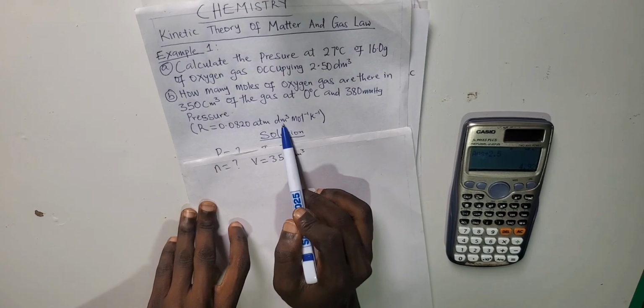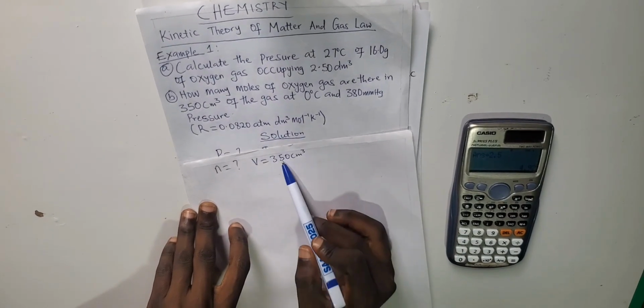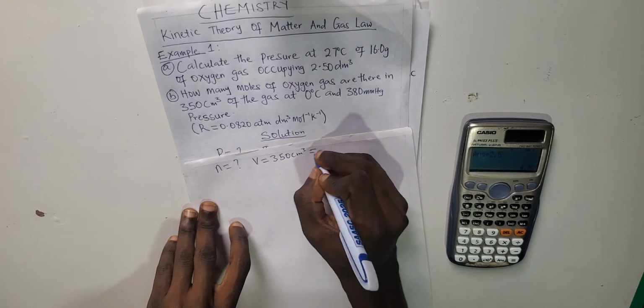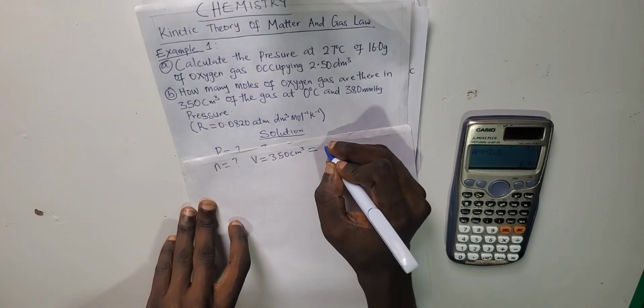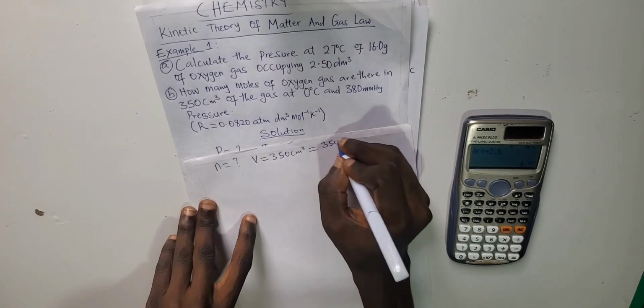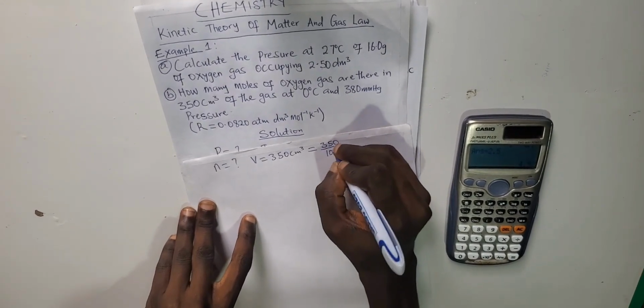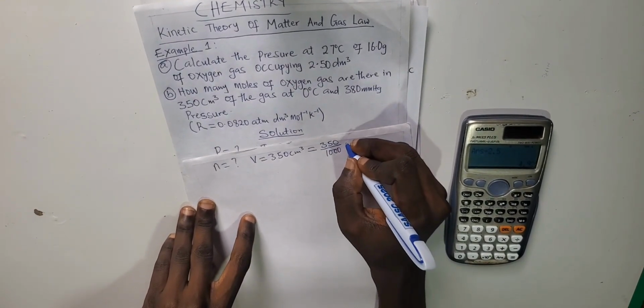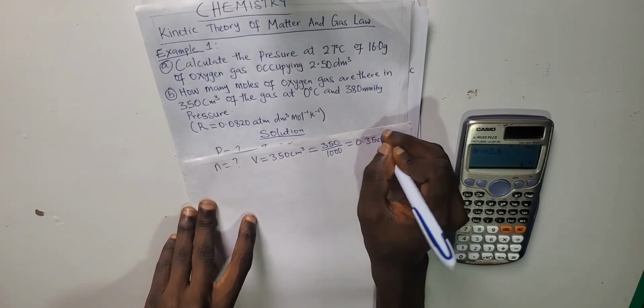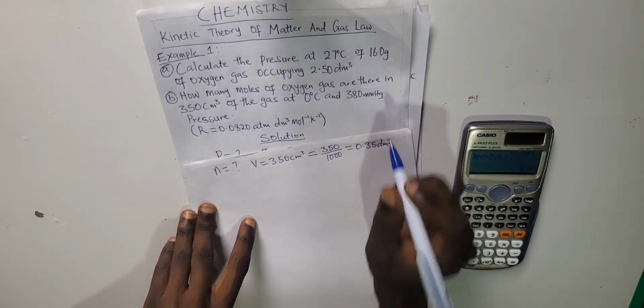So I have to convert this centimeter cube to dm cube. To convert from centimeter cube to dm cube, I will divide by 1000. This will be 350 over 1000. So this will give me 0.35 dm cube.